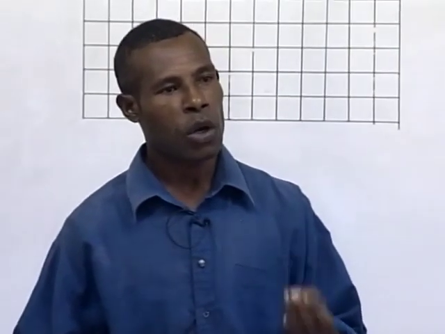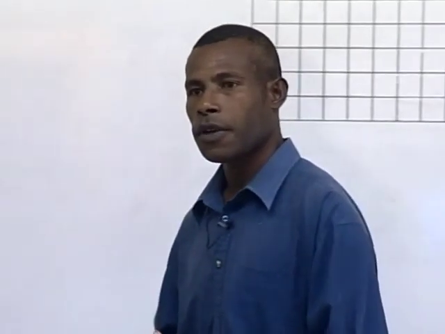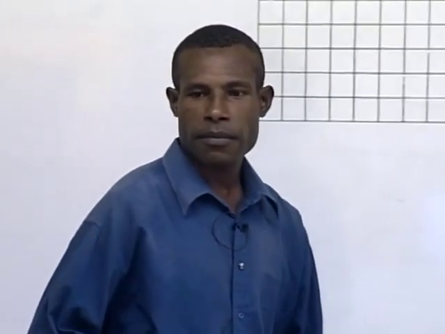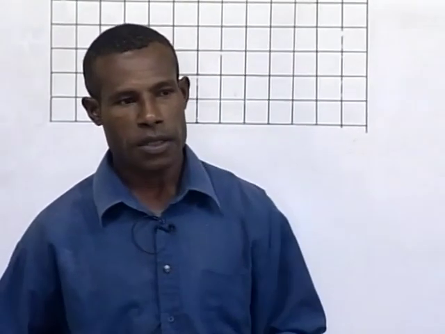Okay, that is quite correct, but my question is, what can you tell about a slope? Or what is the slope of a graph? Kimberly, what is the slope of a graph?